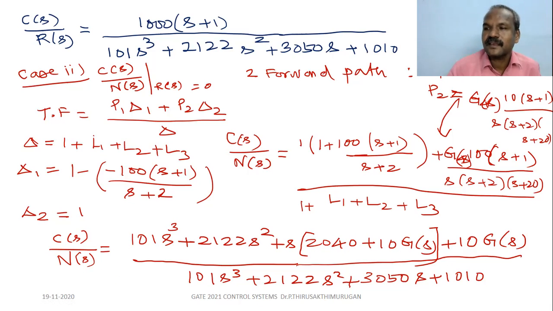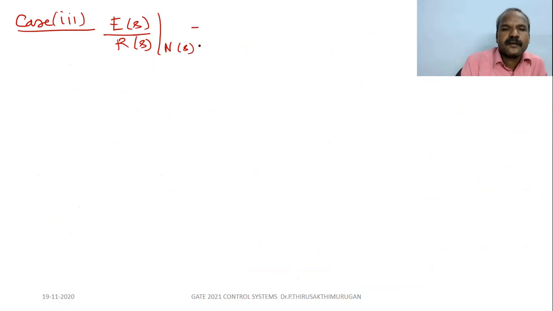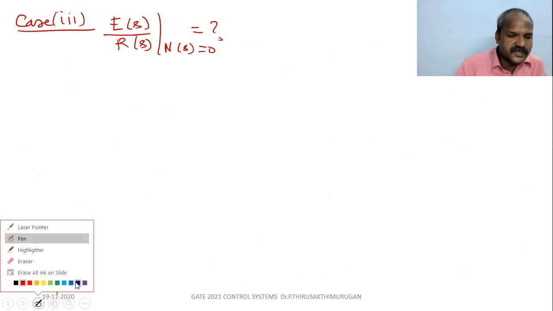So what is case 3? In case 3 we have to find E of S to R of S, keeping N of S 0. Clear? Please try to find the solution, my dear students.